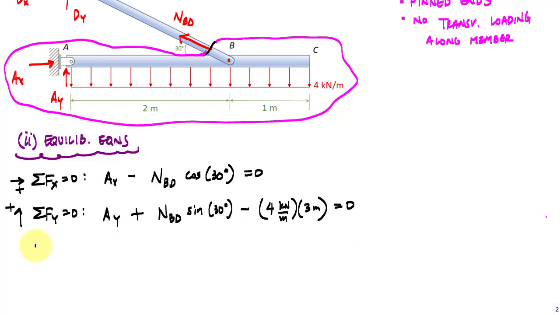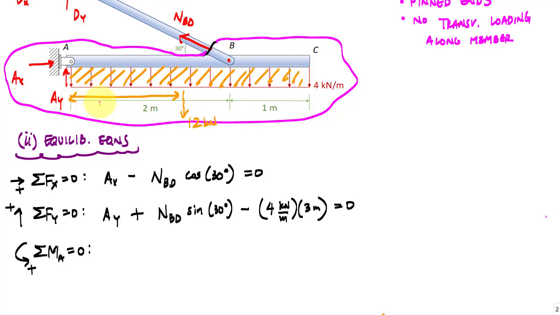I'll take moments about point A. Here I would have the resultant of the distributed load, and the resultant would be halfway, where this distance would be 1.5 meters, where the centroid of that area is. That 12 kilonewtons, the resultant of the distributed load, causes a negative moment.